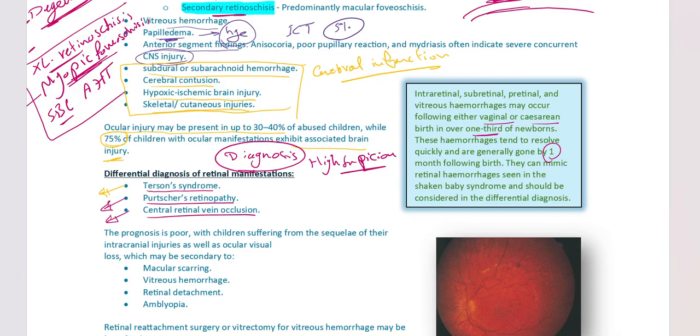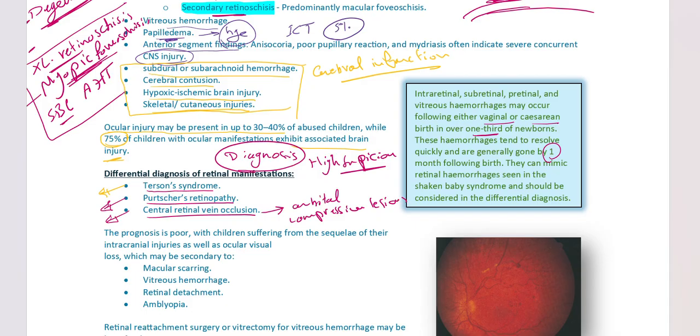It might happen due to systemic causes like thrombocytosis, polycythemia, inflammatory conditions affecting the endothelium of the blood vessels, or orbital compressive lesions.